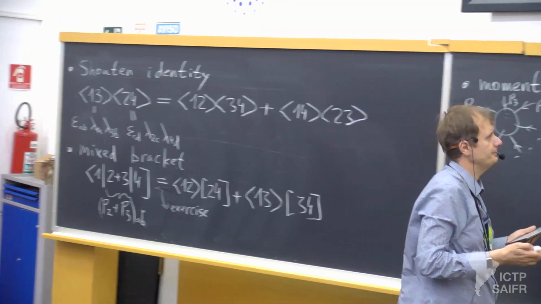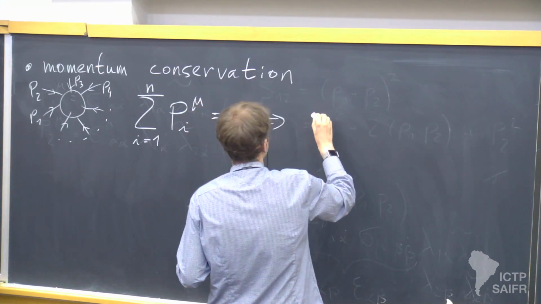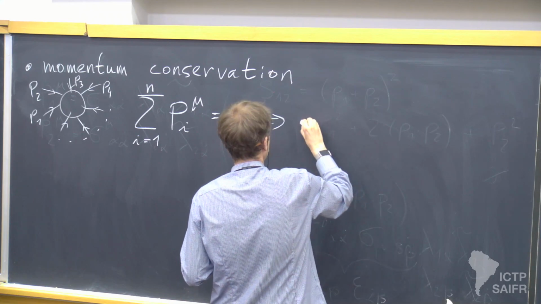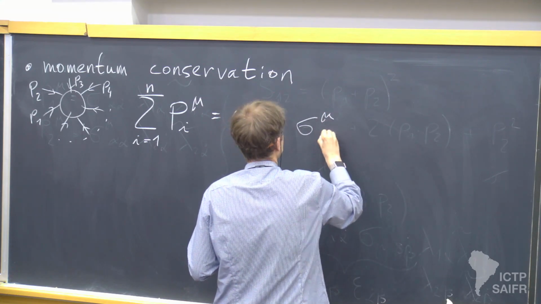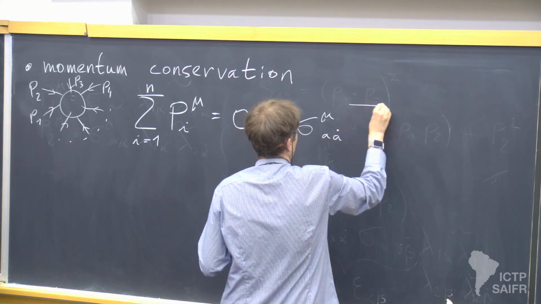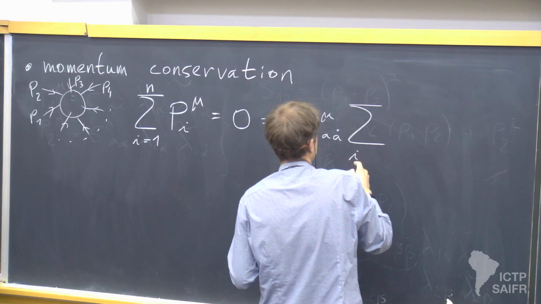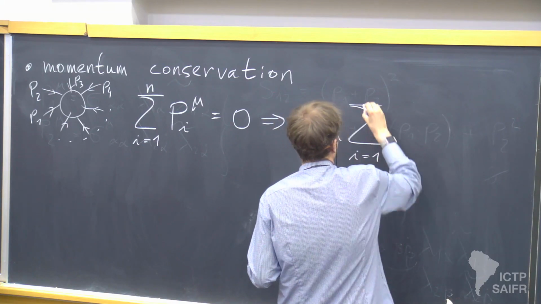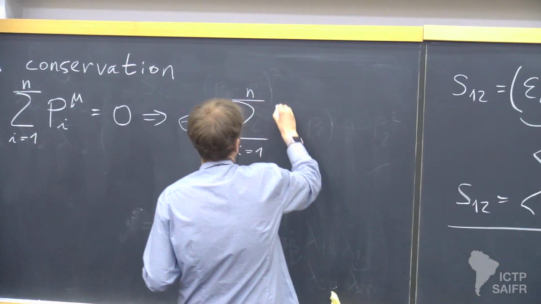Now, in terms of the Spinor-helicity variables, this becomes a more complicated condition because it's quadratic. We can factor out the sigma matrices, which change the index mu to A A-dot.